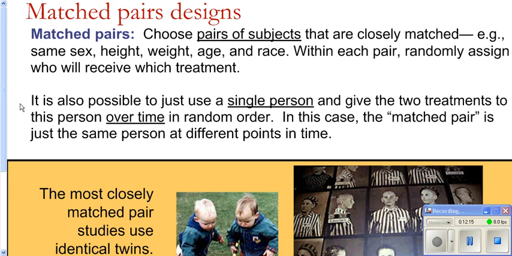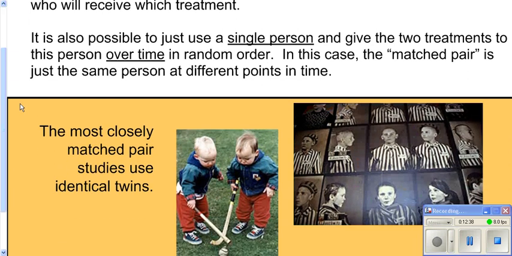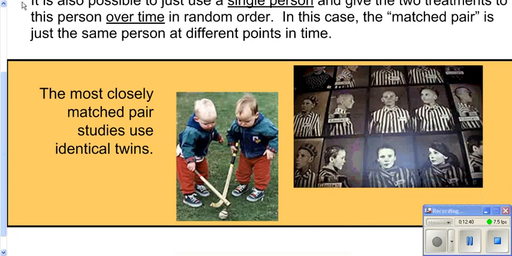So if you're looking at the effects of tooth decay with different toothpaste, you could use one person as they're using toothpaste A, look at their results after a couple of months, and then have them switch over to toothpaste brand B, and then compare the results after that. And that would be a match pair situation where you're dealing with one person.